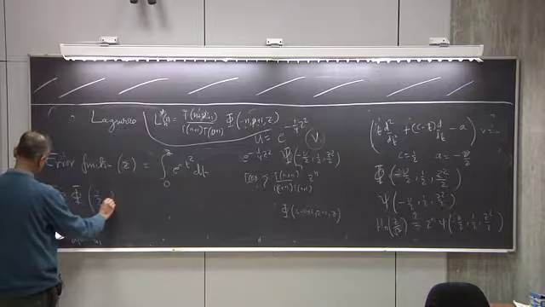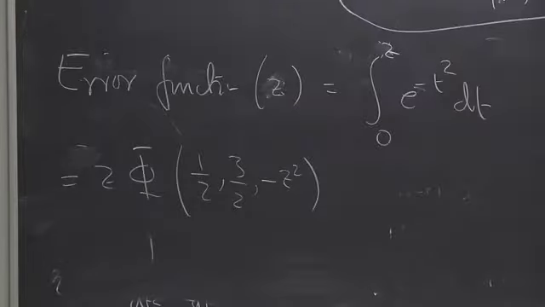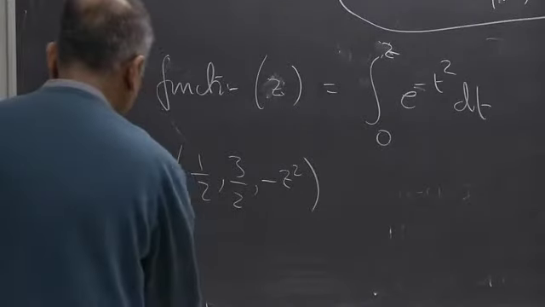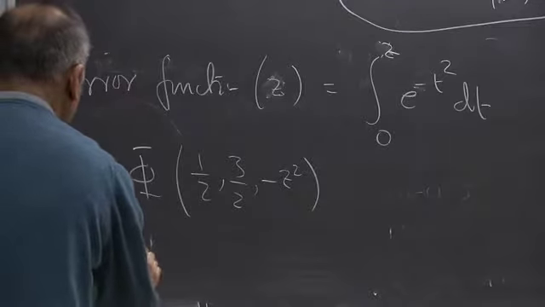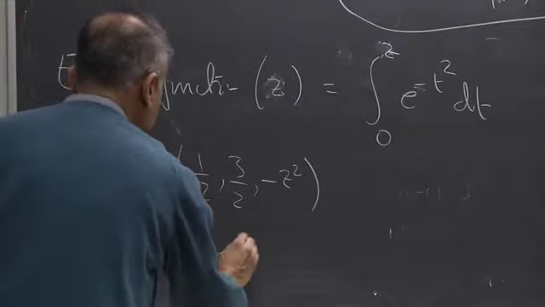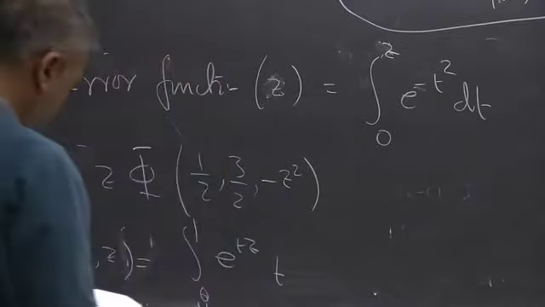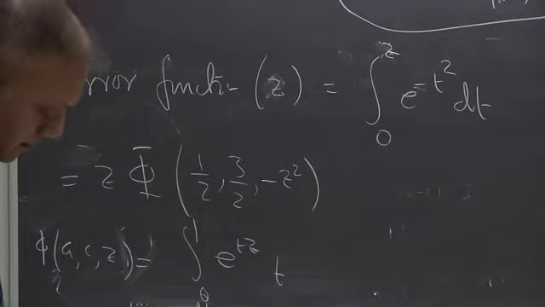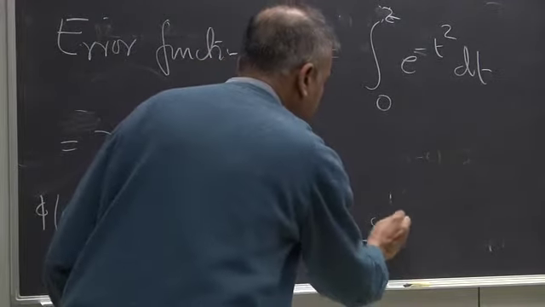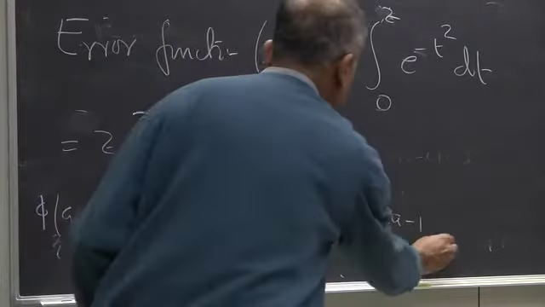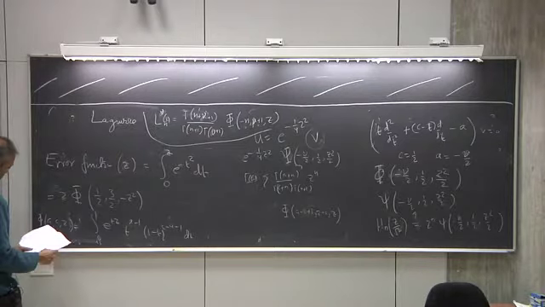Remember what phi was: it had an integral representation, phi of a, c, z, the integral from 0 to 1 of e to the tz, t to the a minus 1, 1 minus t to the c minus a minus 1, dt, with some prefactor.